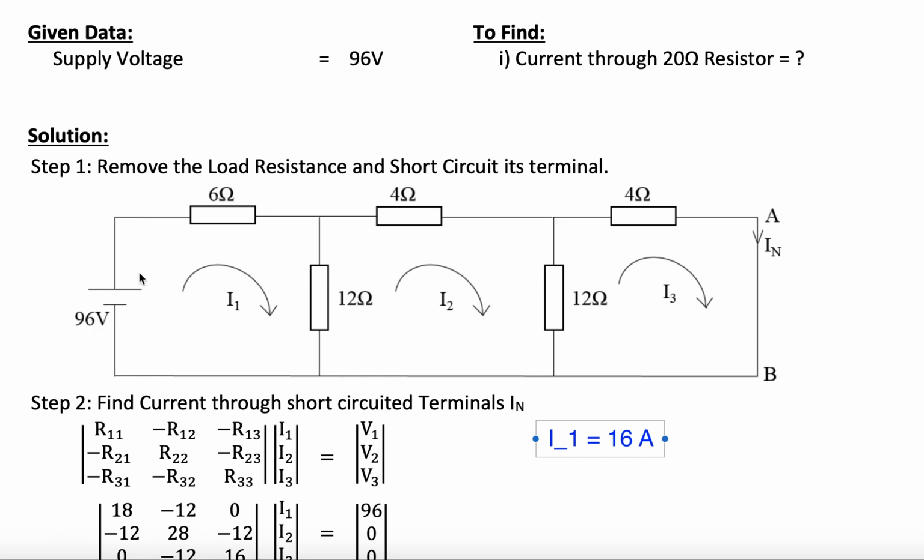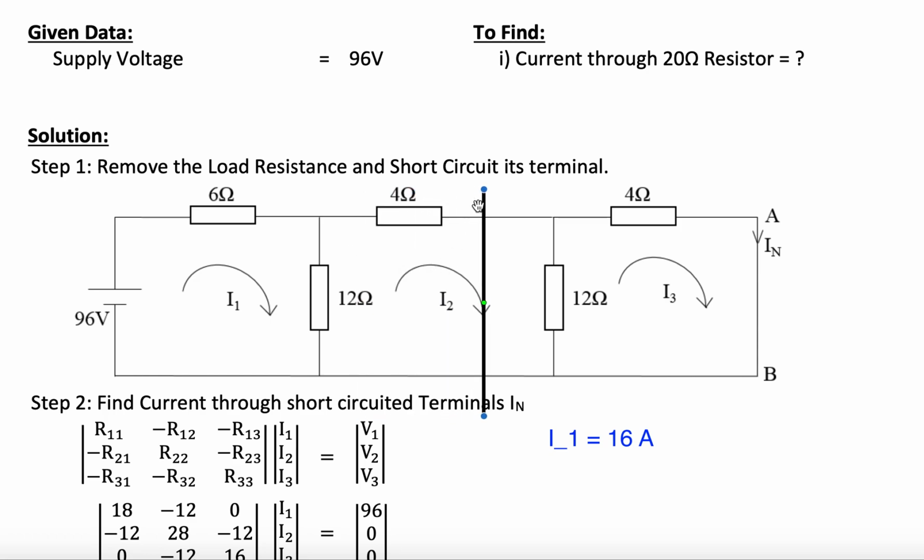Now convert the current source in parallel with the resistor by a voltage source and series resistor. 4 ohms will appear in series with the 4 ohms. What about the voltage here? Current into resistance: 16 times 4 is 64 volts. 64 volts with 4 ohms in series, so that becomes 8 ohms.